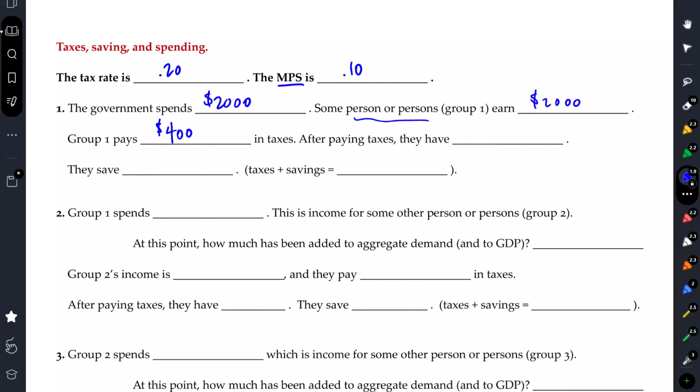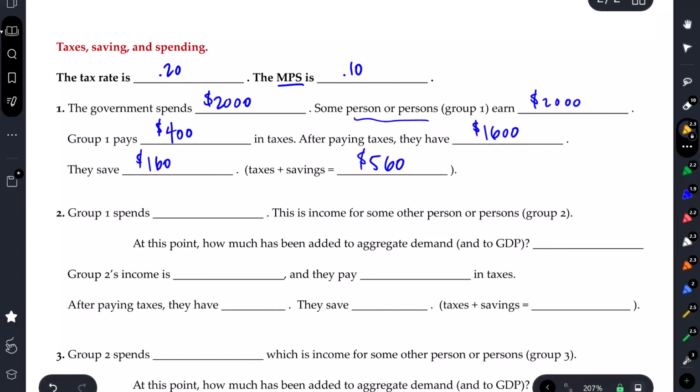After paying taxes, they will have $1,600, and they're going to save 10% of that $1,600. So $160. So the taxes and savings together are going to be $560.